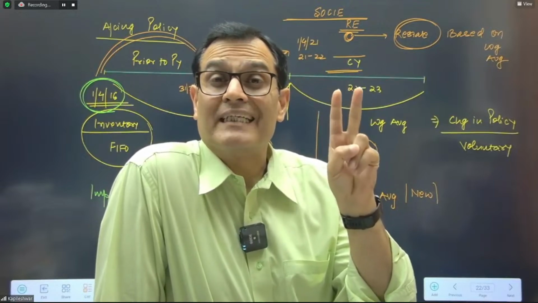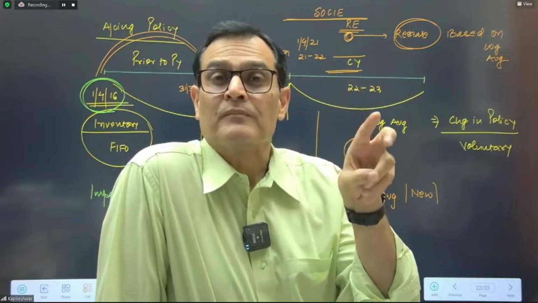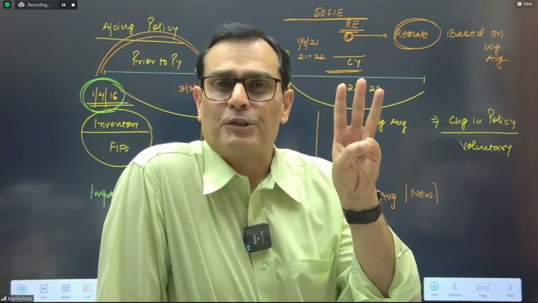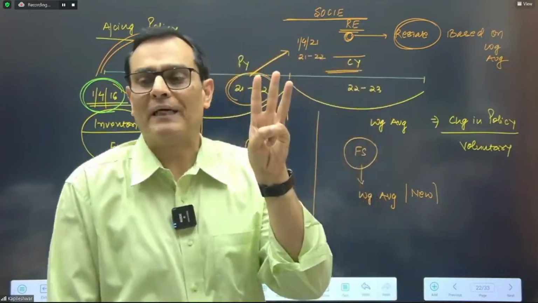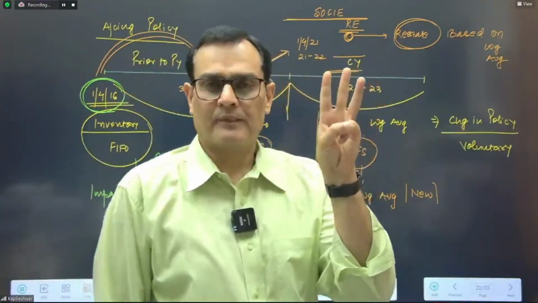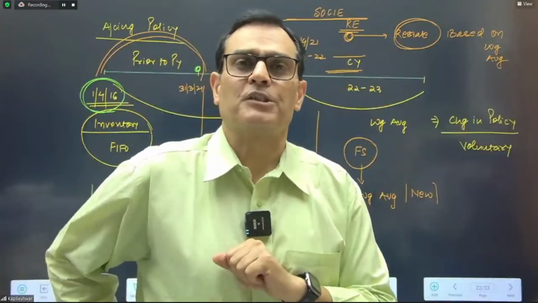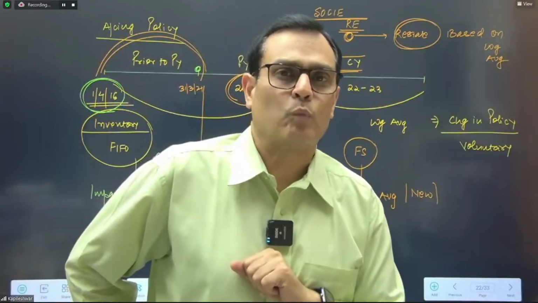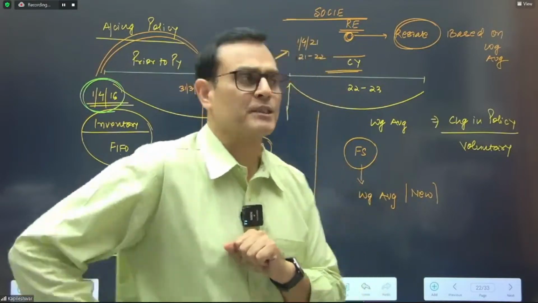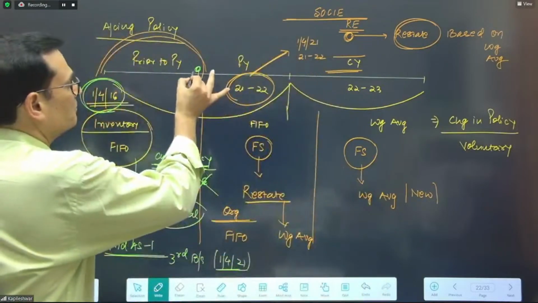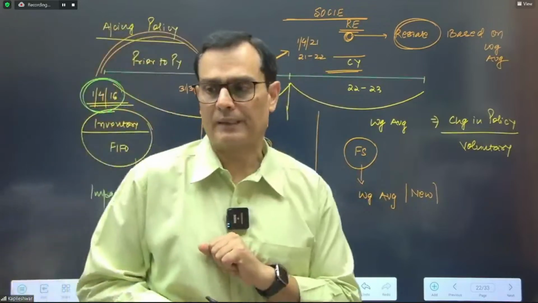Number 2, previous year financials restated based on the new policy. Number 3, in the previous year financials, the balance sheet accompanies the SOKI, restate the opening balance of the previous year. And number 4, if this change has a material impact on a balance sheet item, you need to make a third balance sheet as well. You need to give a balance sheet at the beginning of the previous year as well.